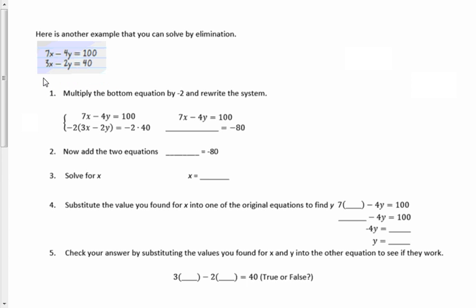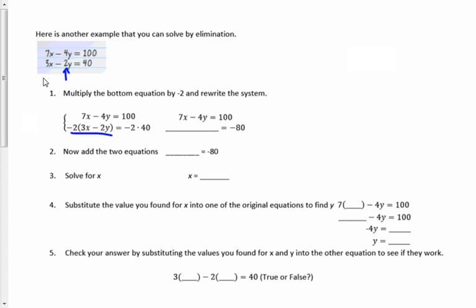So what we need are the coefficients to be opposite to add them together, or the same to subtract them, to eliminate a variable. And we could get this coefficient right here to be positive 4 if it was multiplied by negative 2. And if we multiply both sides of an equation by the same number, it will still be equivalent. So that's what we're doing right here.